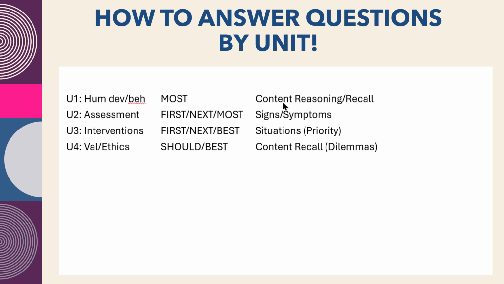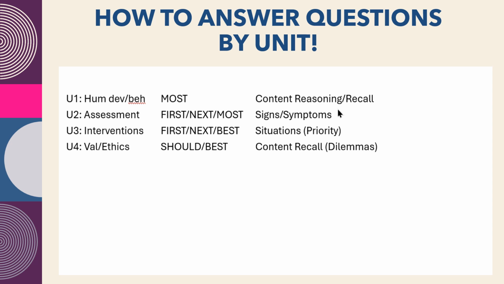And it's going to be a lot of content reasoning and some recall. So in unit 1, when you're practicing and learning the content, this is an area where content recognition is very important. But not only is it important for you to be able to recall, a lot of the questions are for you to be able to reason with that information.